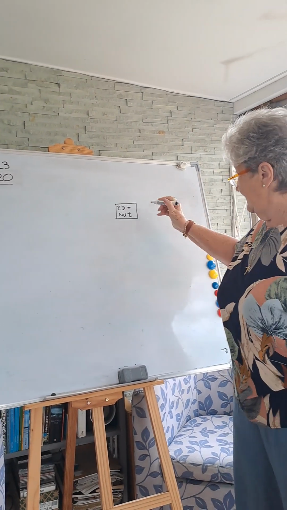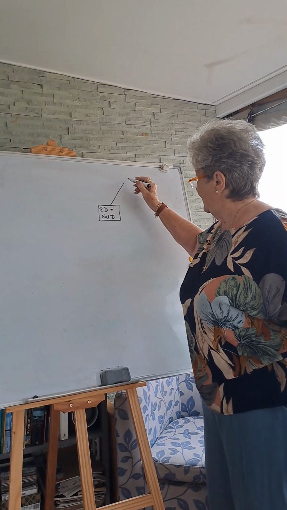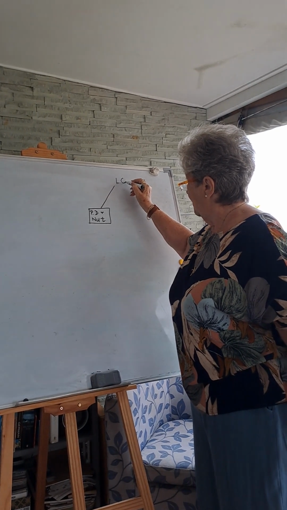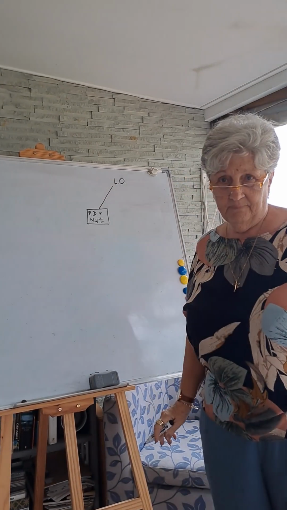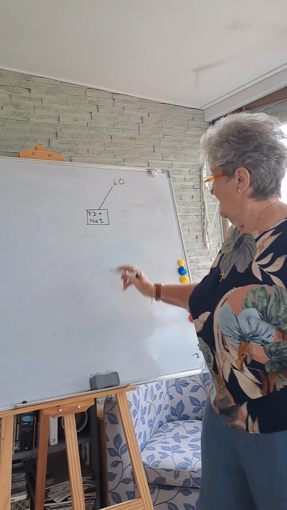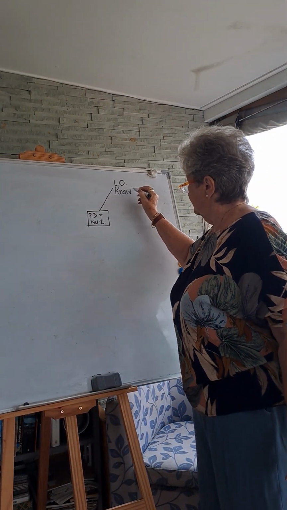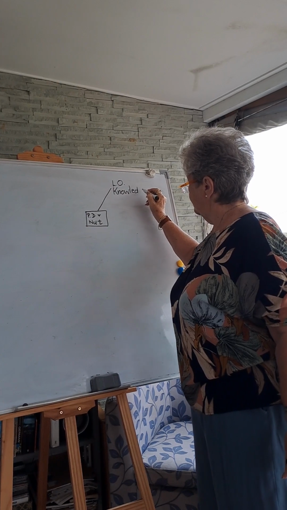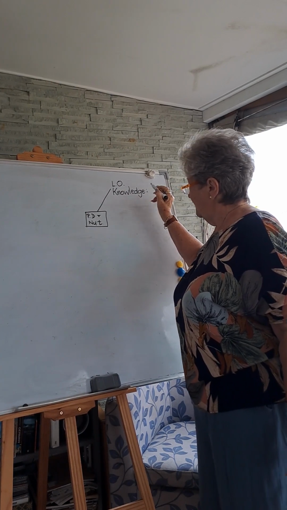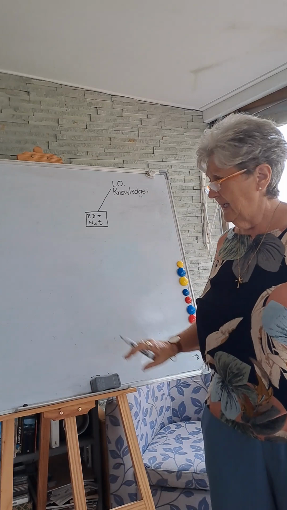Now, the first thing I need is my lesson objectives. Knowledge is the first one. And I think to myself, what information do I want to put about this into those children's heads? What do I want them to know when I'm finished the lesson and they walk out the class?